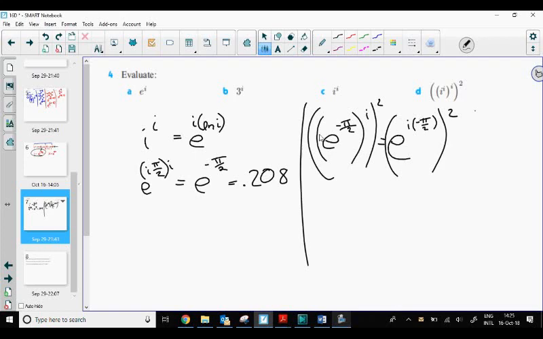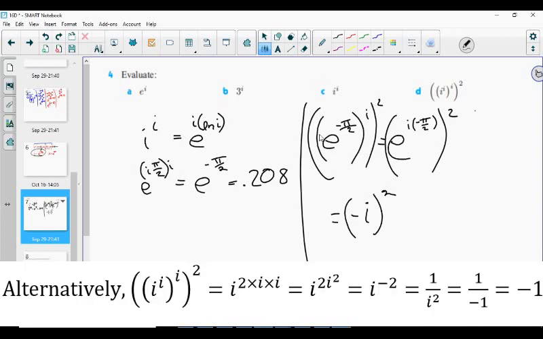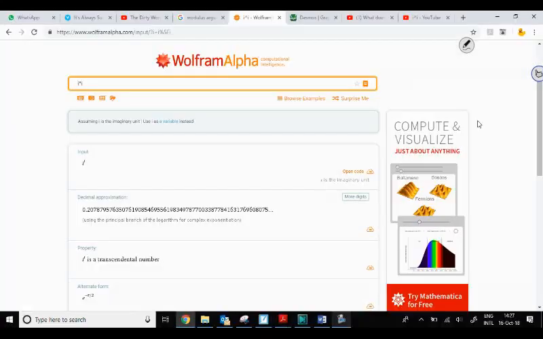But what is e to the i times negative pi over 2? That's a complex number whose argument is negative pi over 2. And that number is negative i. So now I have negative i squared. And negative i times negative i is just equal to -1. So that was a very complicated looking question with a very simple answer.